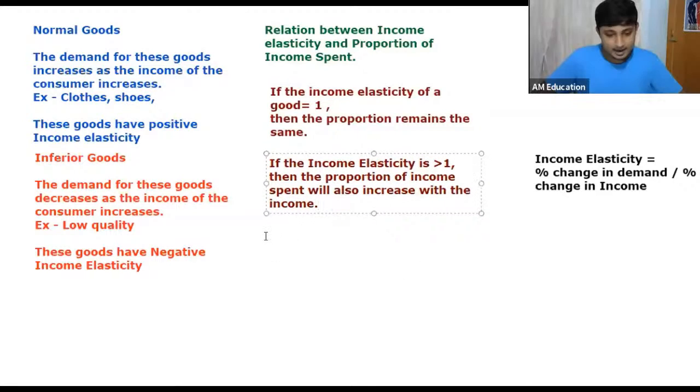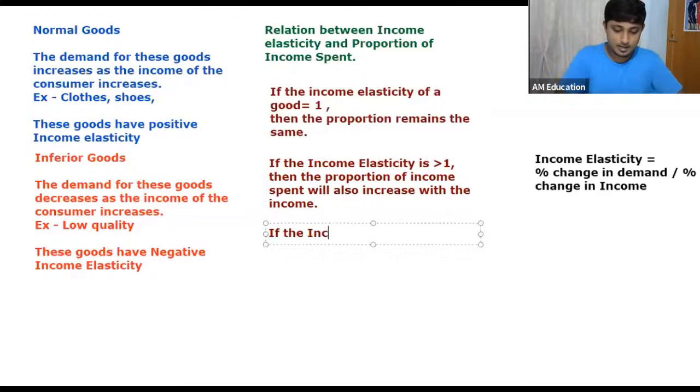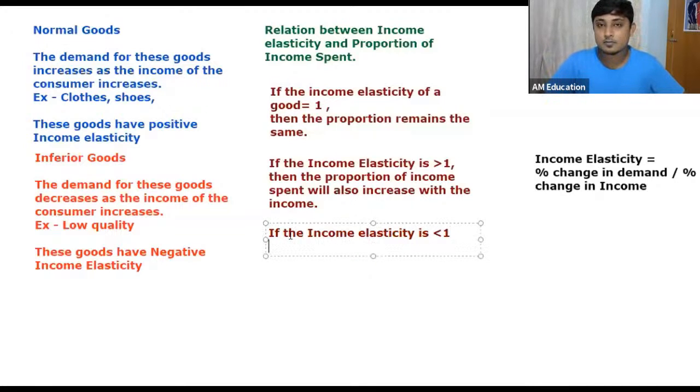And what is the third case? If the income elasticity is less than 1, that means 0.1 to 0.99 only, no? After that it is 1, and below that it is 0, right? If the income elasticity is less than 1, then what is it?